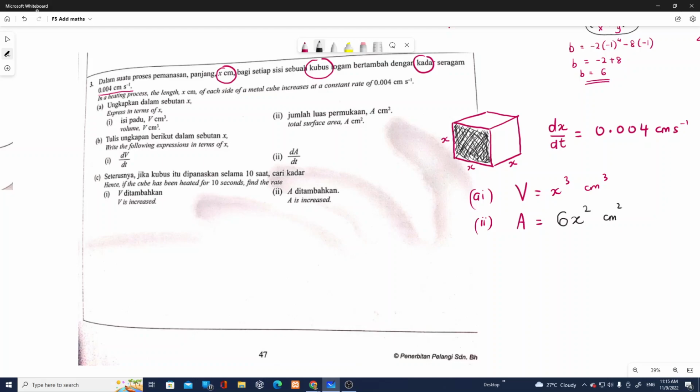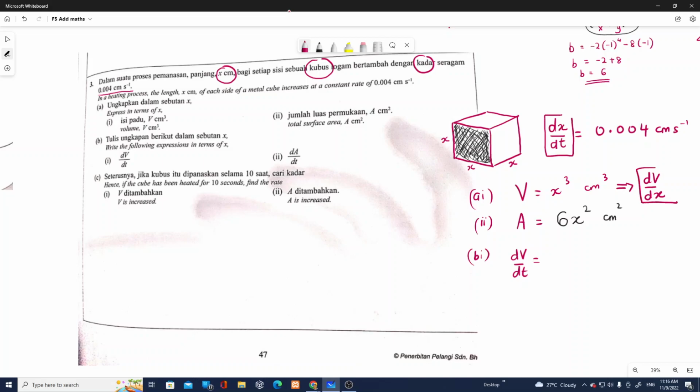Okay, next one. B. Tuliskan ungkapan berikut dalam sebutan x: dV per dt. Dari A1 kita boleh dapat dV per dx, dan daripada kadar perubahan sisi, dx per dt.